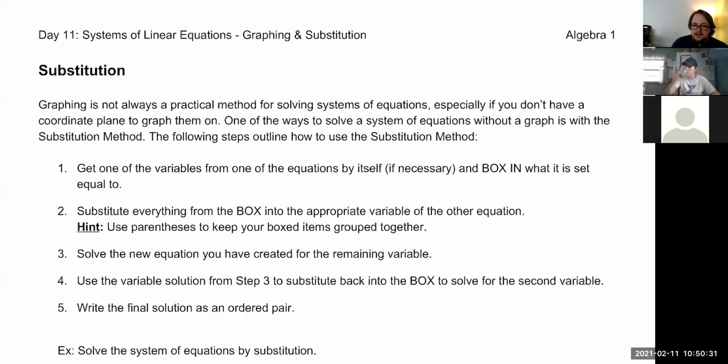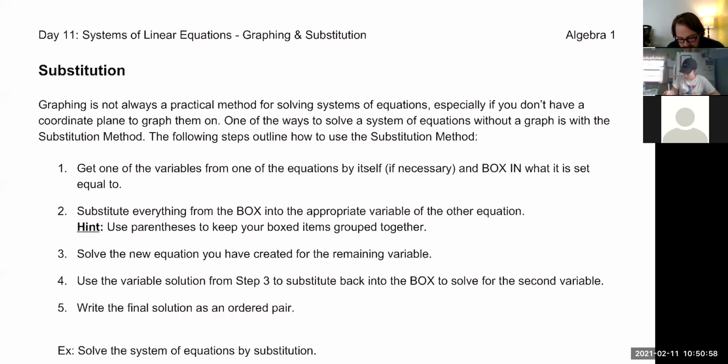Once you have that box, you're going to take it and substitute everything that's inside the box into the variable that it is set equal to. So if you have x equals a bunch of things, you're going to replace the x. If you have y equals a bunch of things, you're going to replace the y. There is a hint.